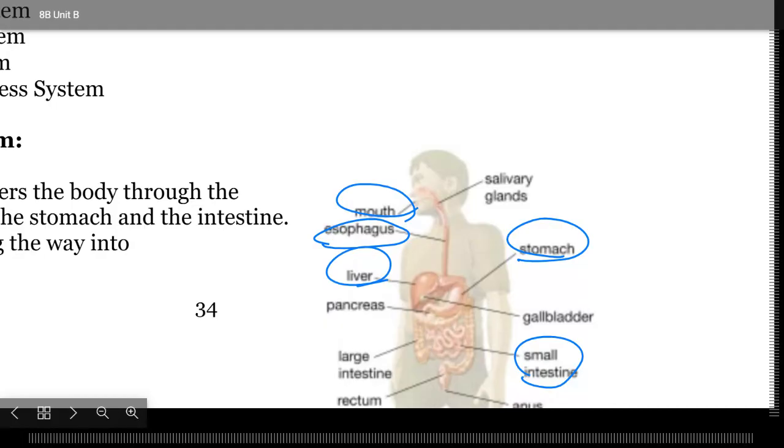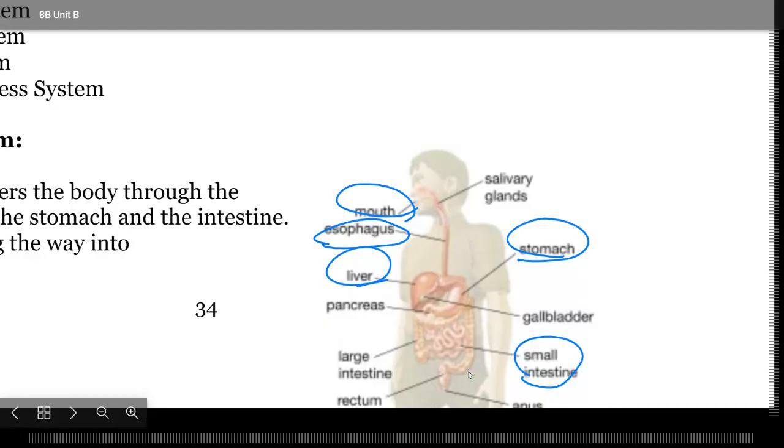There are little projections called villi inside the small intestine that carry more surface area for the nutrients being absorbed by the small intestine.